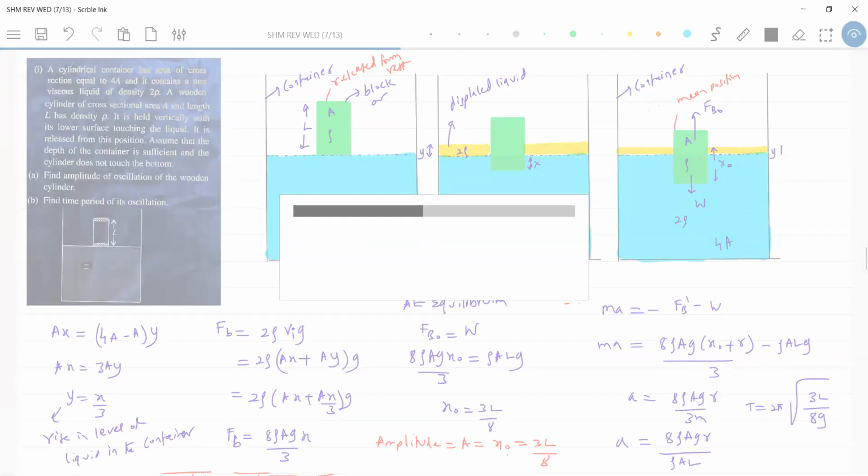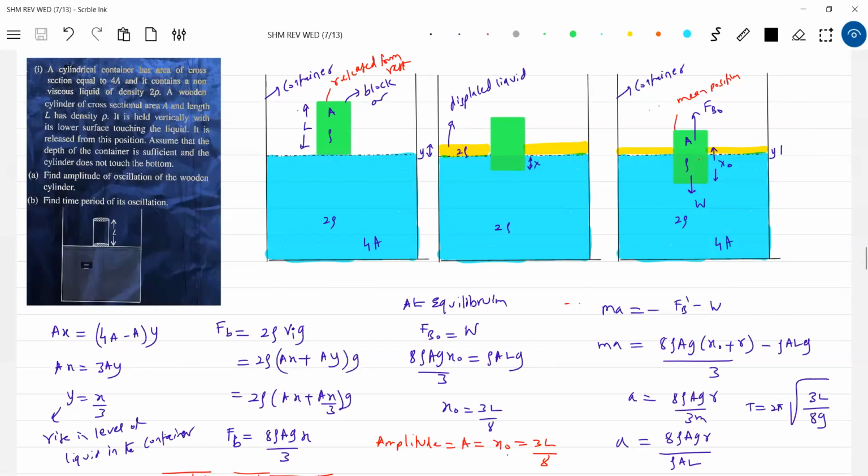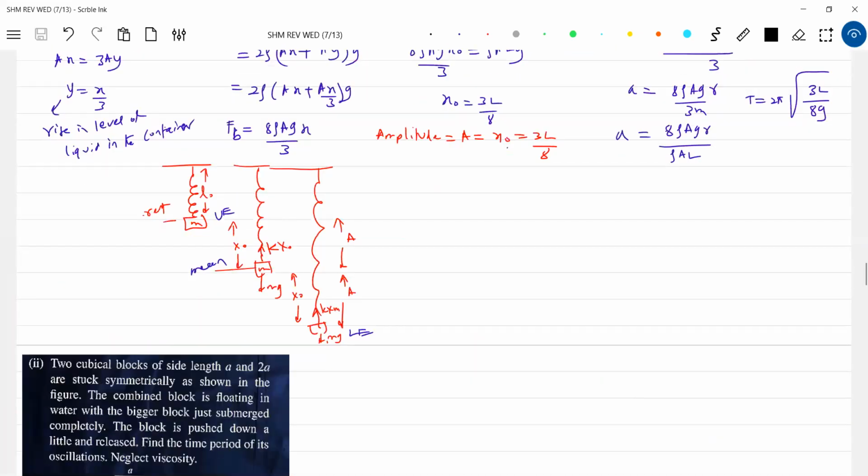Any doubt? If you have, you can clarify. The first two diagrams are the concept. Once you reach here, the rest of the problems will become very simple. We'll take the next one.